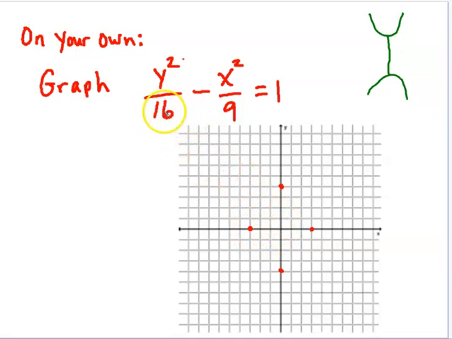So remember, in hyperbola equations, the first denominator is always a squared. The second is always b squared. Those never change. So when you're writing the equation for a hyperbola, you can always do this. What you will alternate, depending on the graph, is where you put x squared and y squared.